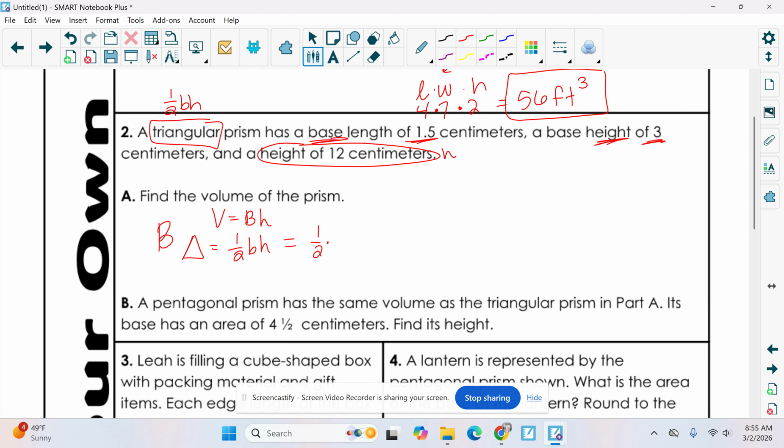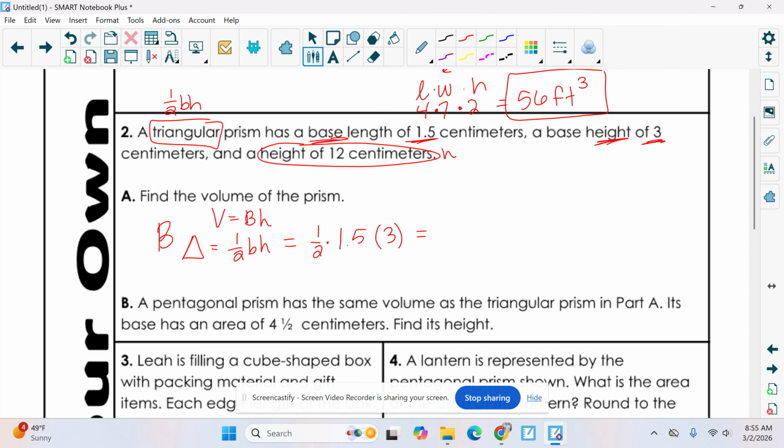What was the base of my triangle? 1.5. It's so much easier if you highlight or underline it as you read it, to be able to find it again. What's the height of my triangle? 12. No, 3. Say you're doing it too.